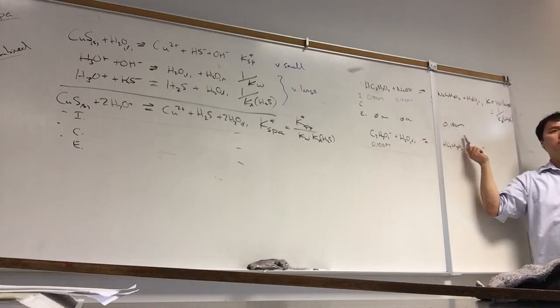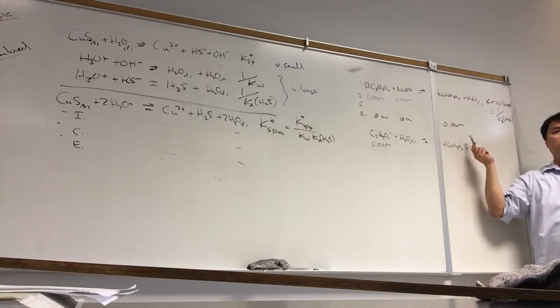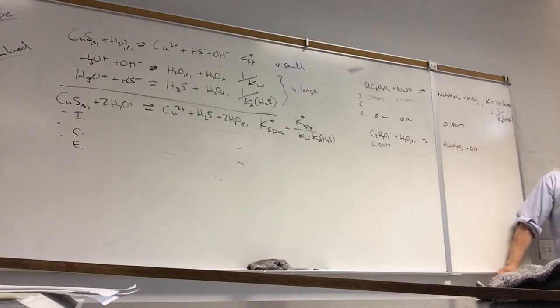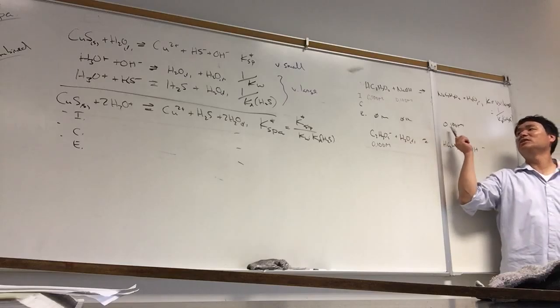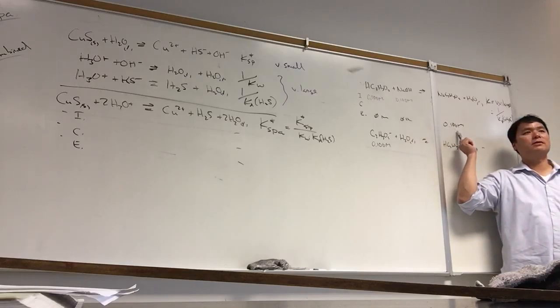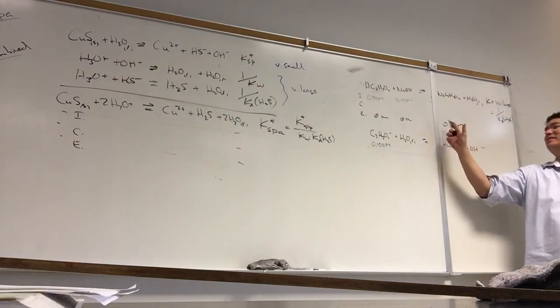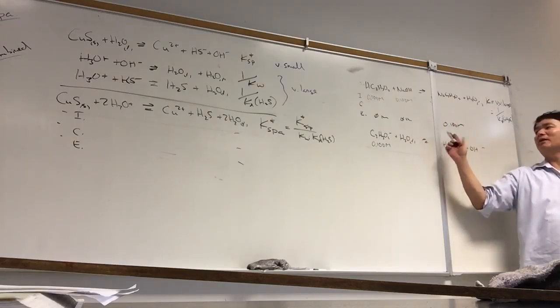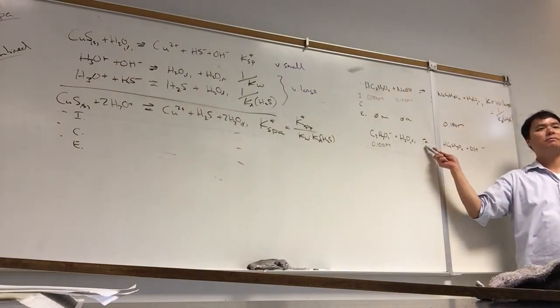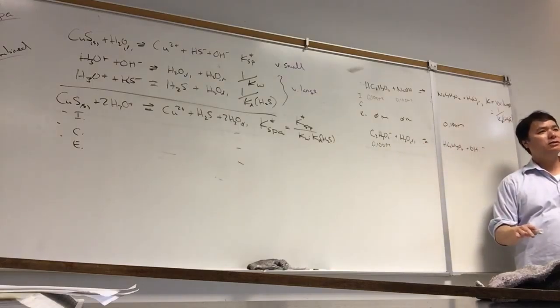We reset the initial conditions to generate this. This is my new initial conditions, right? Do you see that? This is my new initial conditions. And then I flip the equation backwards. Just take this equation, flip it backwards, we get this equation, right? And then we're allowing it to equilibrate.